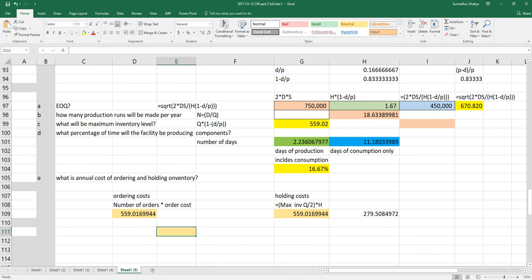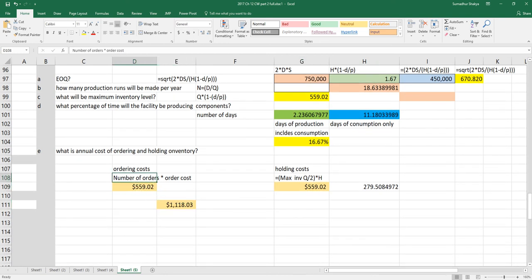The total cost of ordering and holding would be this plus this. All these costs are in dollars. So that's the example when the production and depletion are happening at the same time.